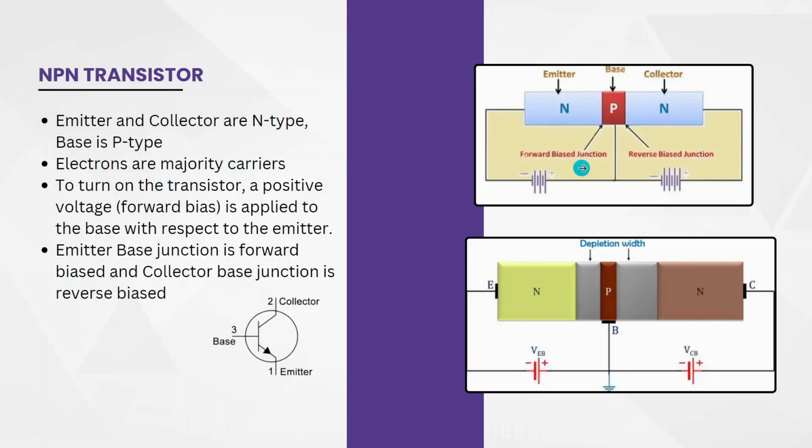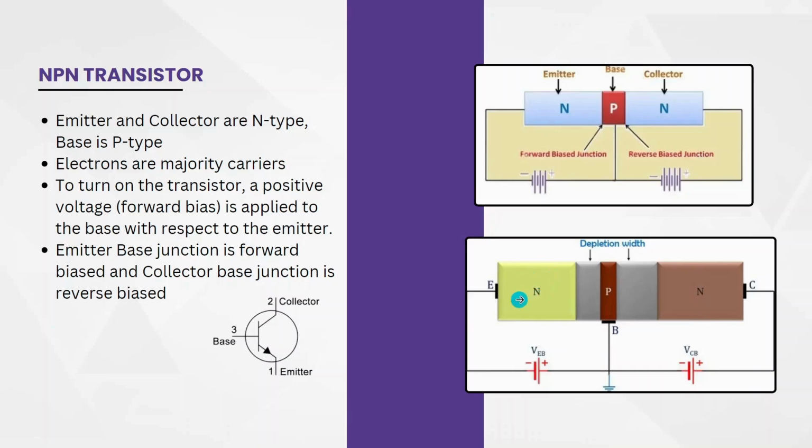Now, this NPN transistor will get turned on when the emitter-base junction is forward biased and the base-collector junction is reverse biased. If you check the second image, it has the depletion regions between both these junctions, that is the NP junction and the PN junction.